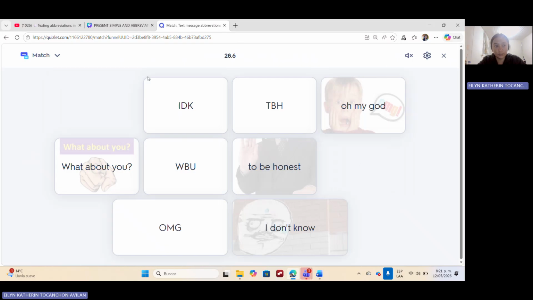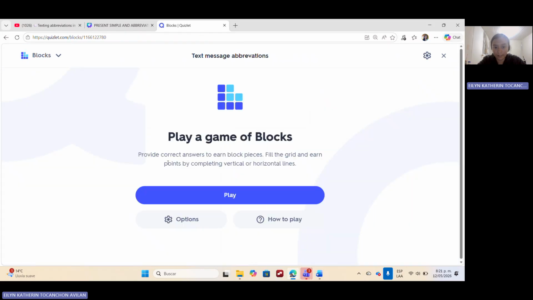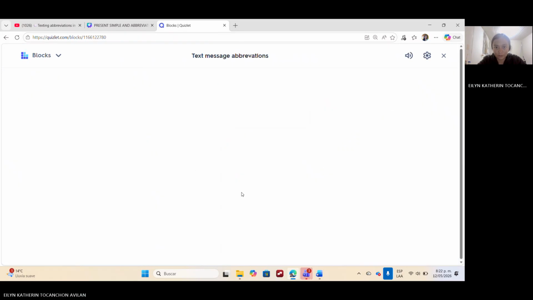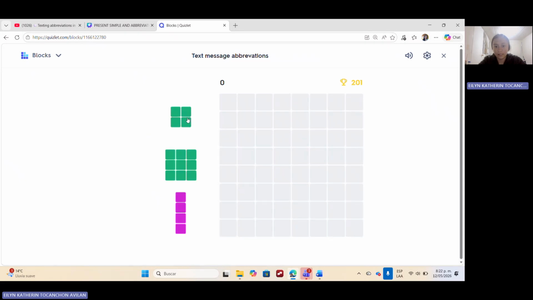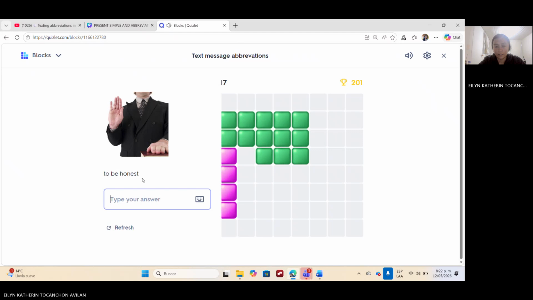When you finish, you can play a game of blocks or Tetris. Here, students can put the blocks, and to make more movements, they need to answer the question properly.